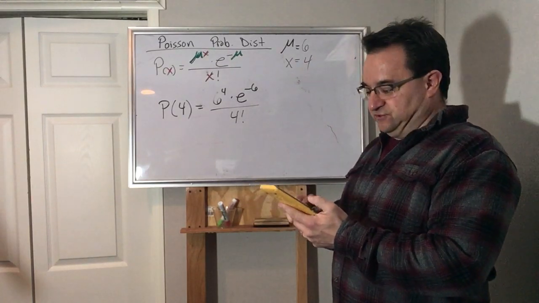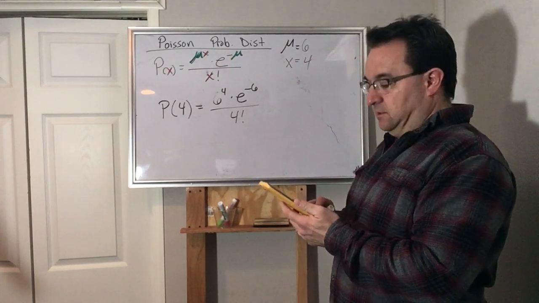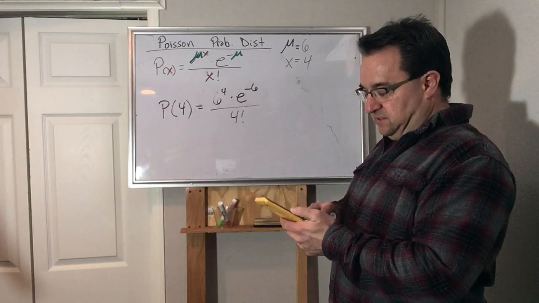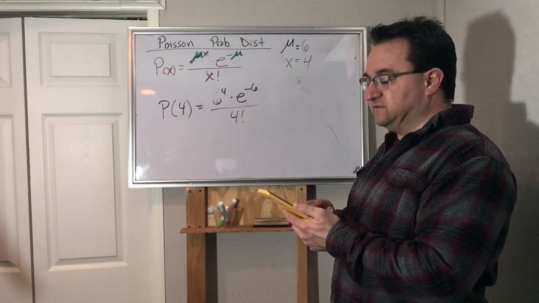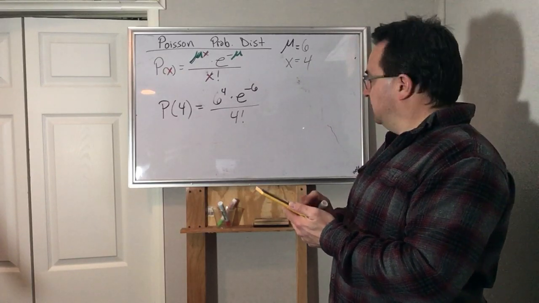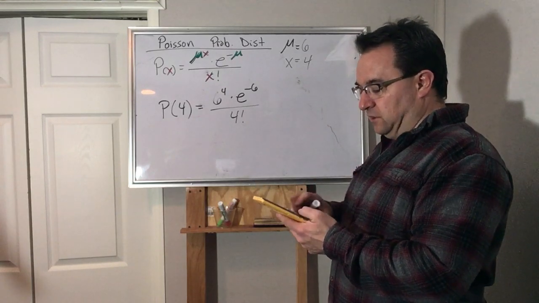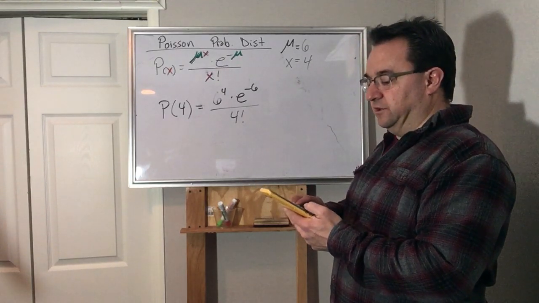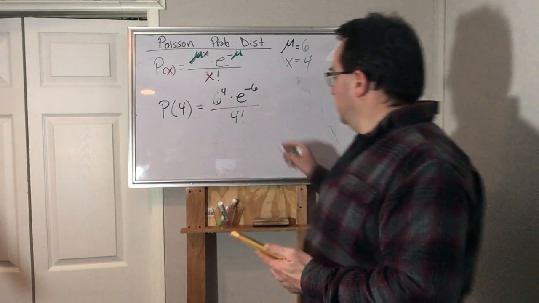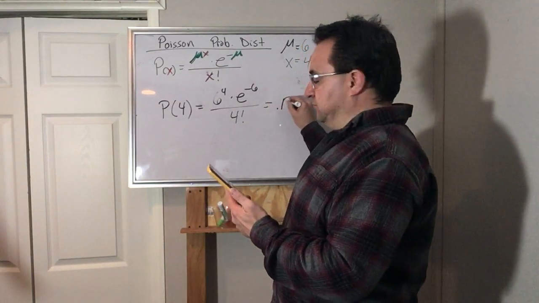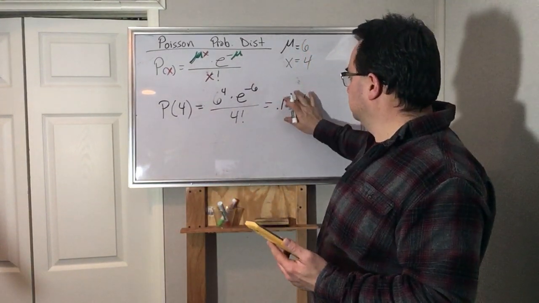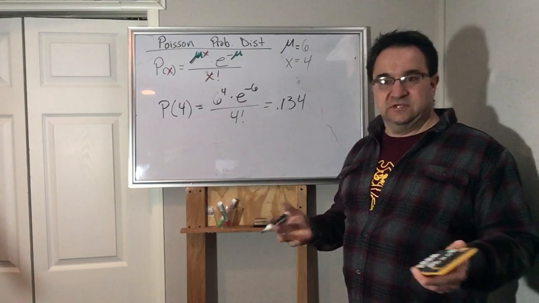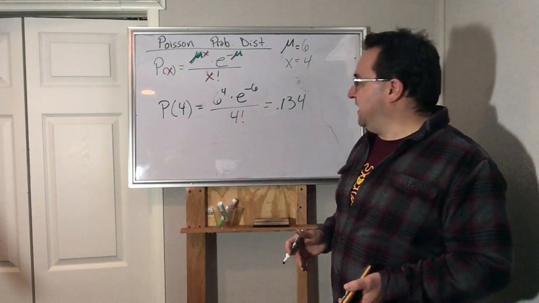I have 6 to the 4 times e to the negative 6, and I divide that by 4 factorial, and I get 0.134. So 13.4% chance that this would happen.